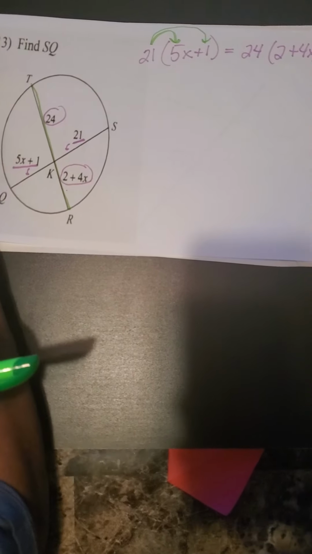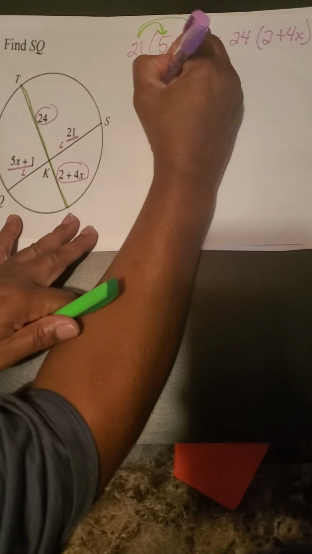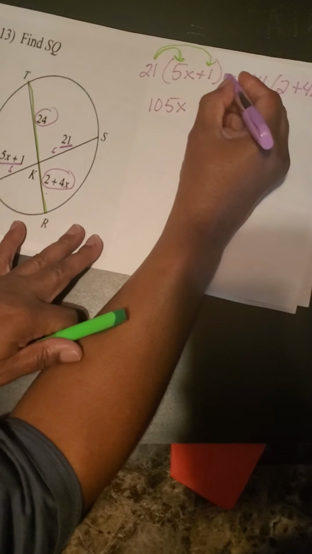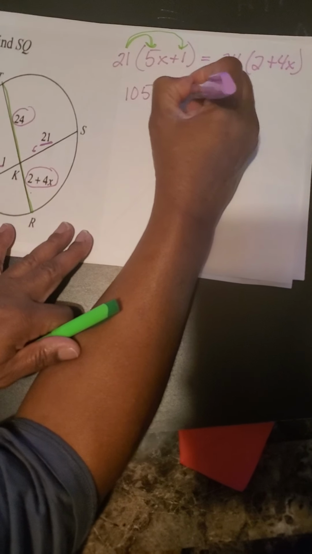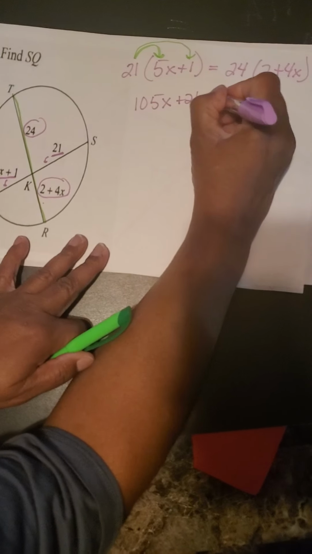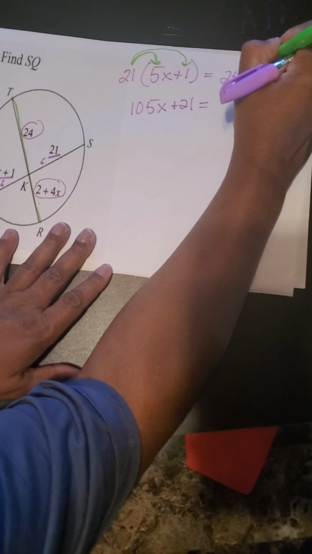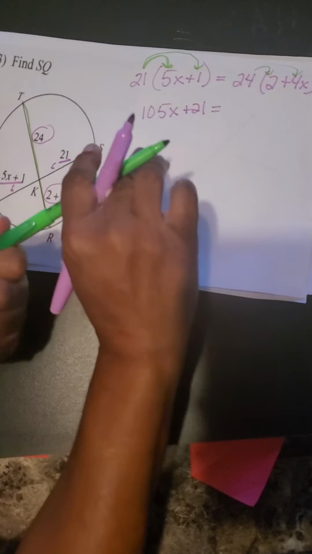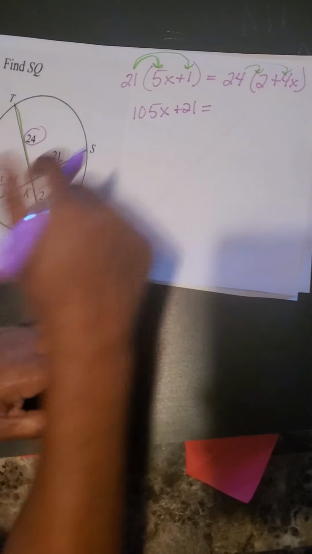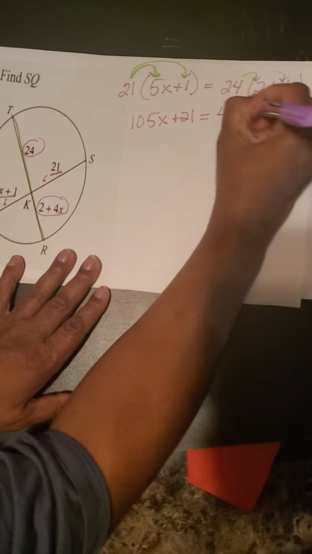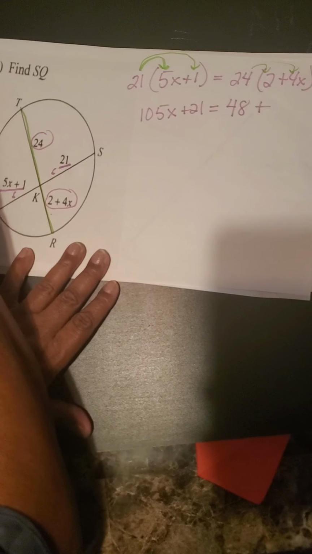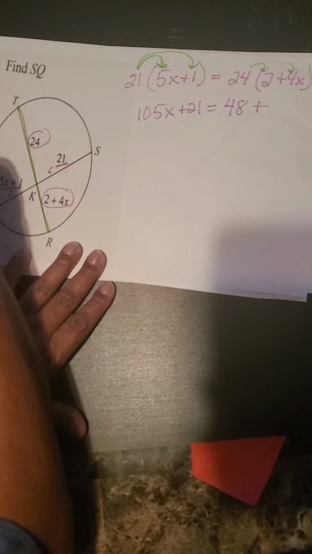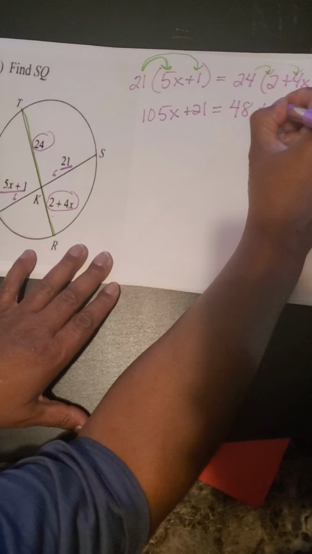What do we get? I'm going to need the calculator. 21 times 5x gives me 105x. 21 times 1 plus 21 is equal to, distribute again. 24 times 2 is 48 plus 24 times 4 gives me 96x.